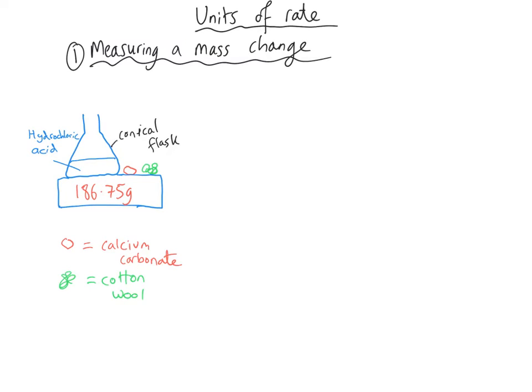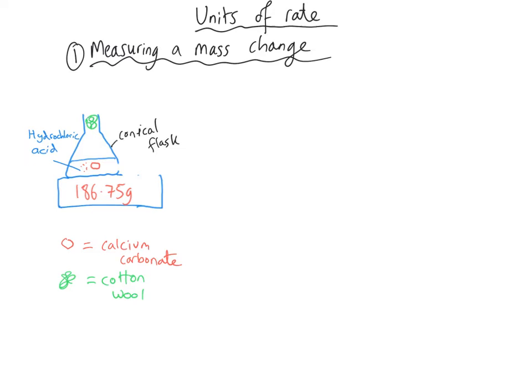So I've made up a number on here. And then, as the reaction was ready, we would take our calcium carbonate off from there, and we would then put it in with the acid, and that would then start to bubble. And before it starts bubbling too much, we would take the cotton wool plug and put that into the top of the conical flask.